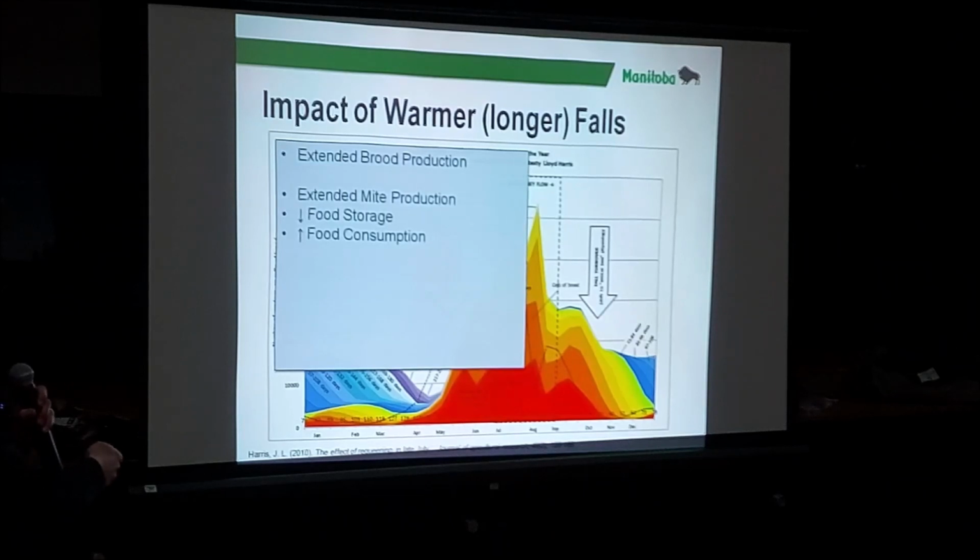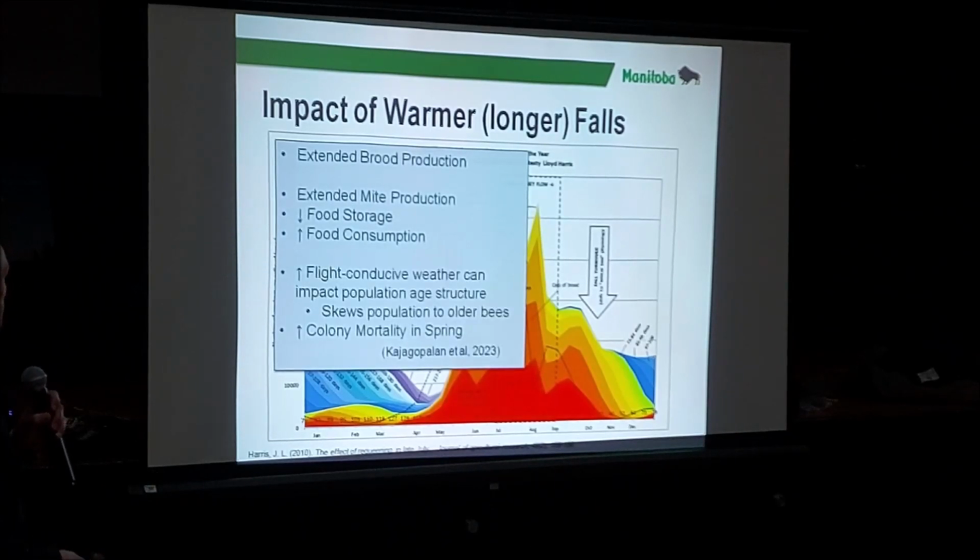With the extended brood production, you also have a decreased ability for that colony to store feed. That brood is clogging up, getting in the way of where the bees would actually be storing that food. And you'd also have increased food consumption with the amount of brood being produced later into the season.